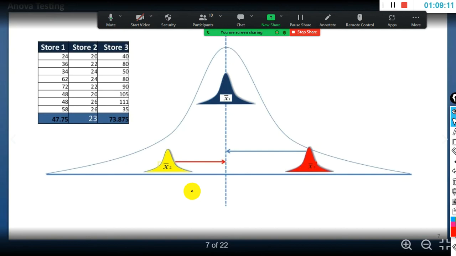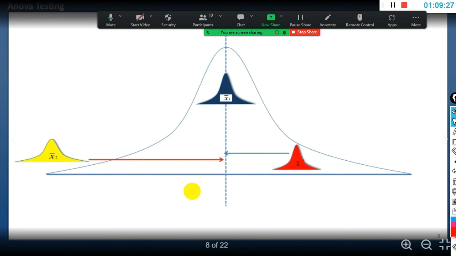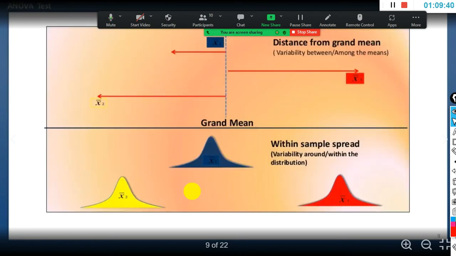Here the x2 bar mean is way less than 47.75, whereas this one is way more. How far is each store's mean from the population mean? That is what we need to find out. And there are situations where a mean is completely far away from the population, which means this sample is not coming from this population.